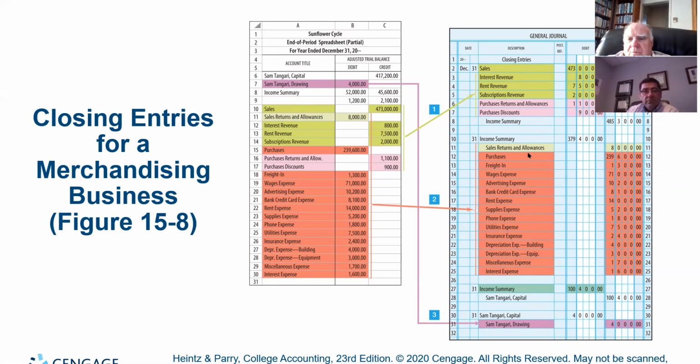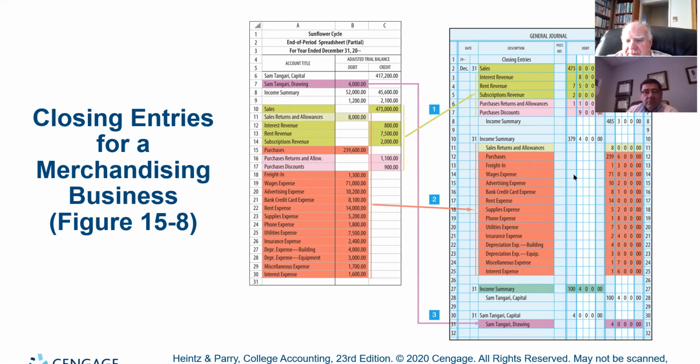We do the similar work with the expenses, which all have normal debit balances. So we're going to credit all the expenses and debit the income summary for this number, 379. The resulting balance in your income summary, thus, is the net profit.